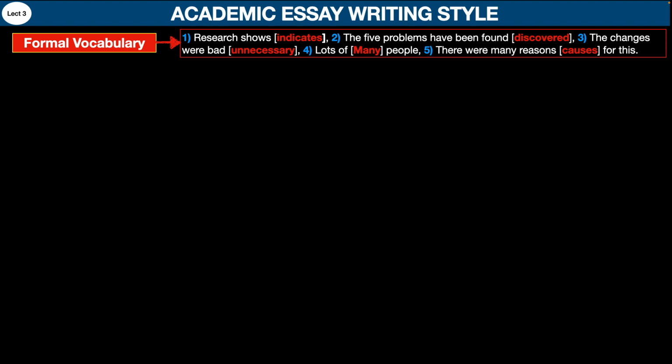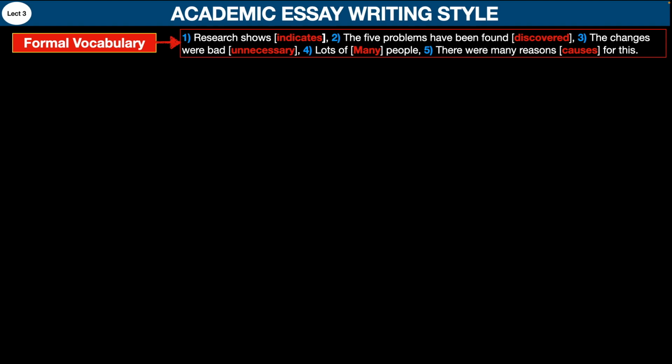If you read a newspaper article, a friend's text message or an email, and at the same time you read a book chapter or an academic article, then you can feel the differences between informal vocabulary use and formal vocabulary use.